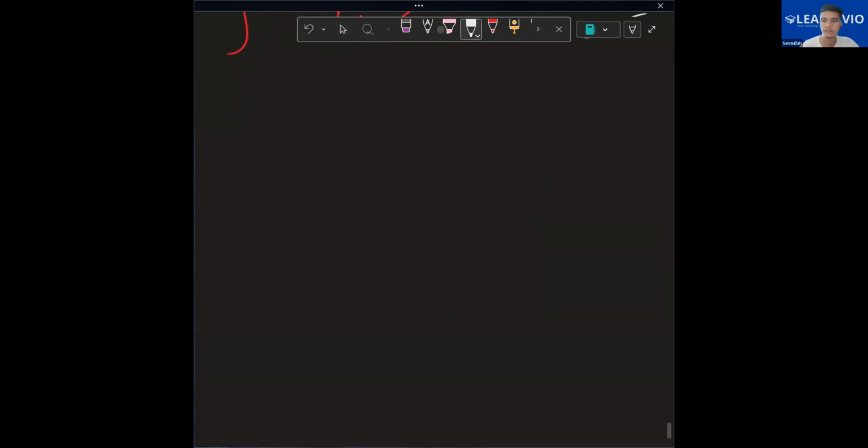Okay, so the next property, or you can say the formula that you have to learn, is integration of cot x. That is log of modulus of sin x plus c, right? Can you prove this?